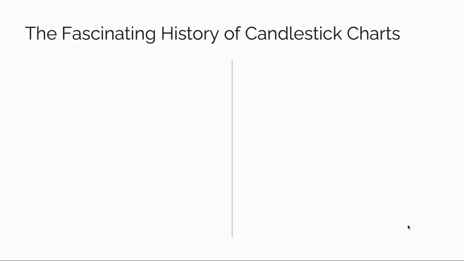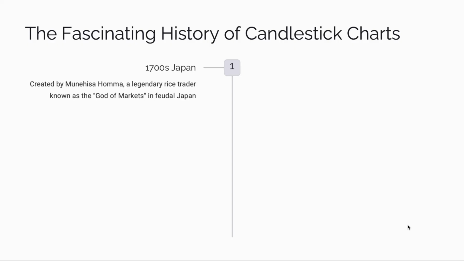So let's go back and visit the fascinating history of candlestick charts. A legendary rice trader named Munehisa Homma, nicknamed the God of Markets, developed candlestick charts to understand supply, demand, and trader emotions.